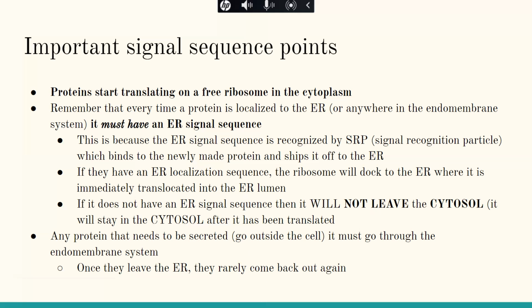Once they leave the ER, proteins rarely come back out again. And this is just important to remember: the signal sequences are the portion of the protein that tell it where to go. It needs that little zip code to tell it where it needs to end up.